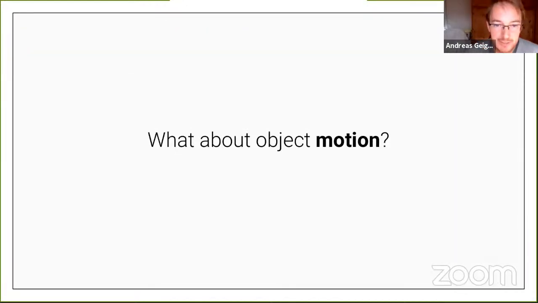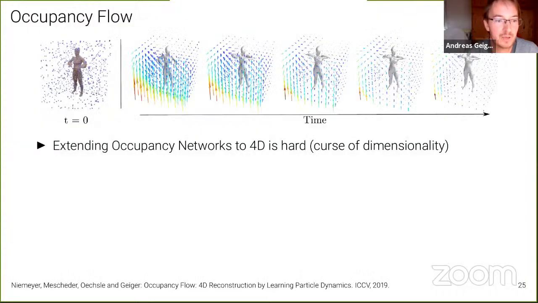Good. Yeah, so the next thing we looked at is objects in motion. So we have so far only investigated static 3D shapes. So what about objects in motion? So looking at the 4D component, basically looking at the space and time domain. Now, unfortunately, generalizing this idea of implicit occupancy functions to 4D directly is hard.